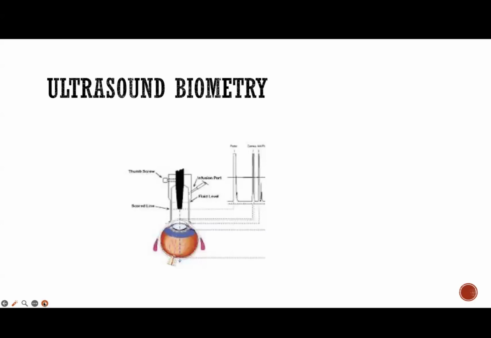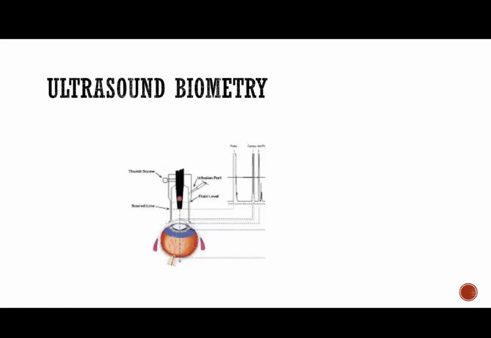Now, understanding ultrasound biometry: this is an ultrasound probe. It's about 1 centimeter, or maybe 8 to 10 millimeters in diameter, and has to be fixed onto the surface of the eye.